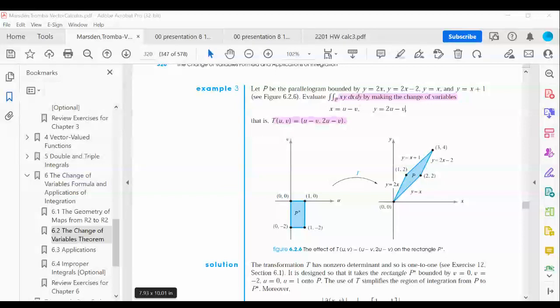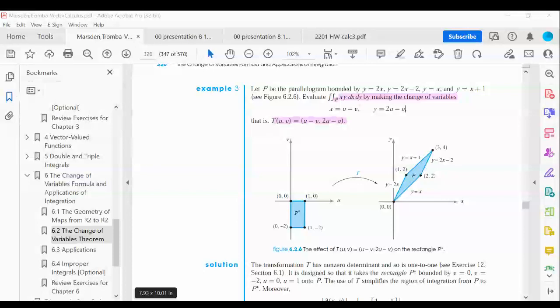Let's see this example. If you are given P, you see this P region, not the P star. Comparing to P star, what can you see about P? You integrate an integrand over this region P. Okay, what's the difference between P and P star?